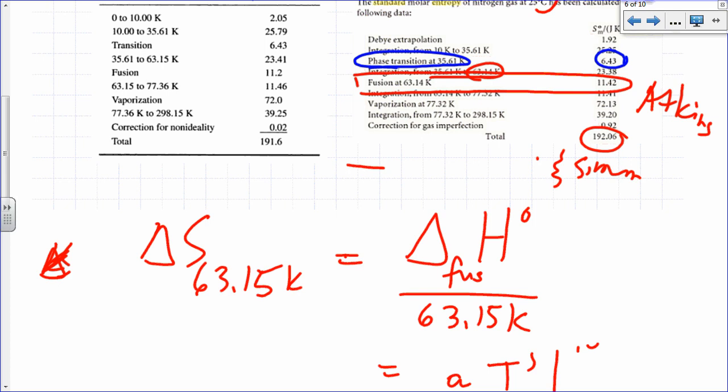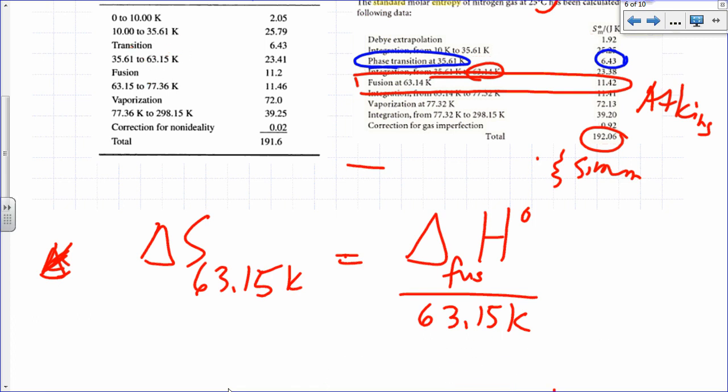So your nitrogen solid melts at 63.15 Kelvin. According to Macquarie and Simon, it melts at 63.14 according to Atkins.